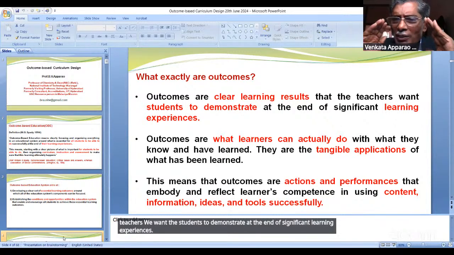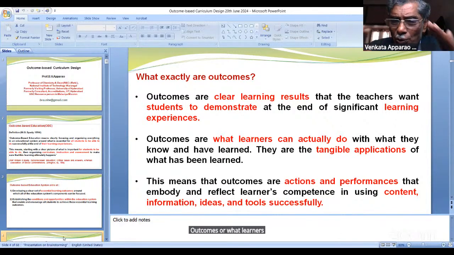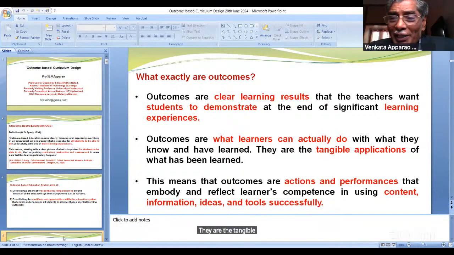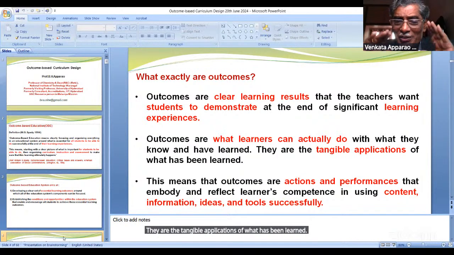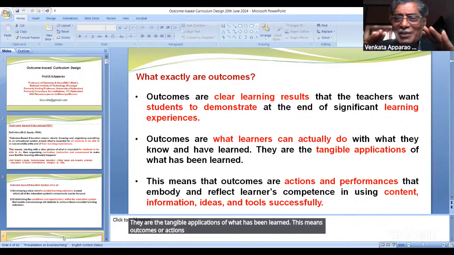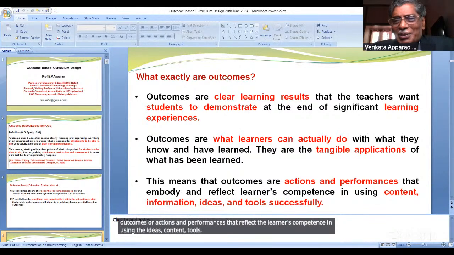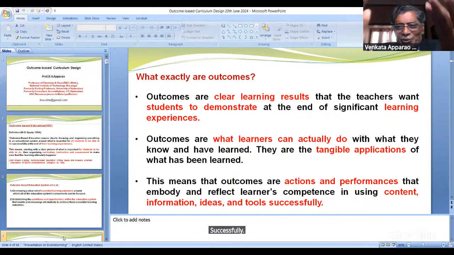Outcomes are what learners can actually do with what they know and have learned. They are the tangible applications of what has been learned. This means outcomes are actions and performances that reflect the learner's competence in using the ideas, content, tools successfully. So this is what exactly we mean by outcomes.